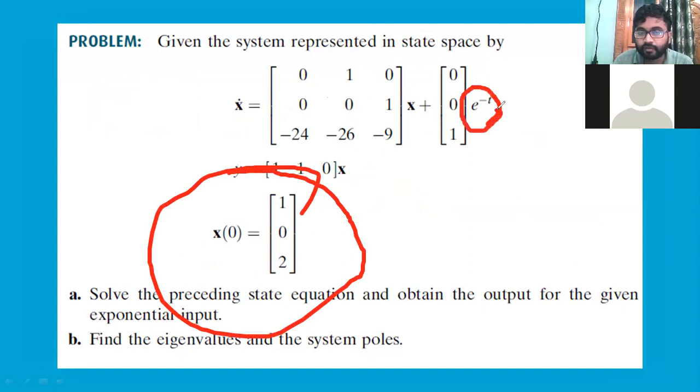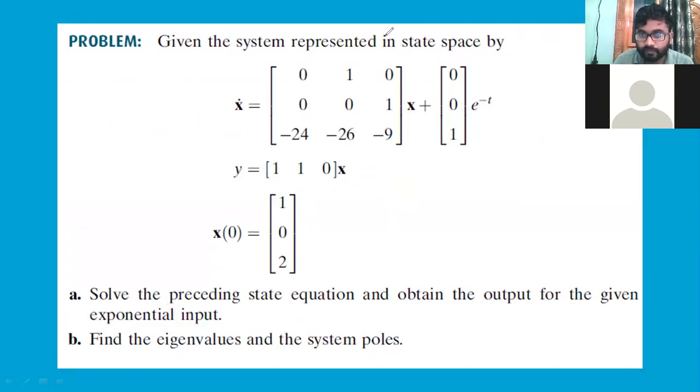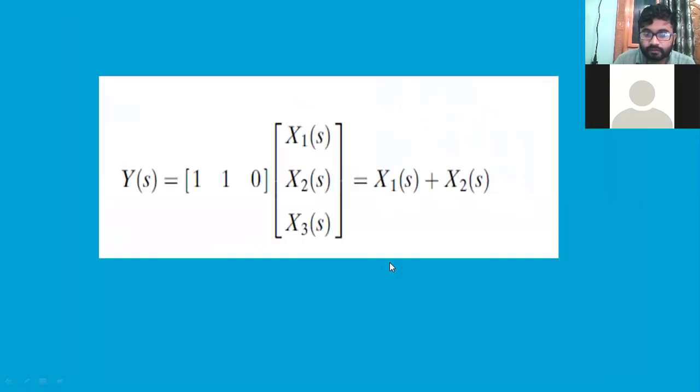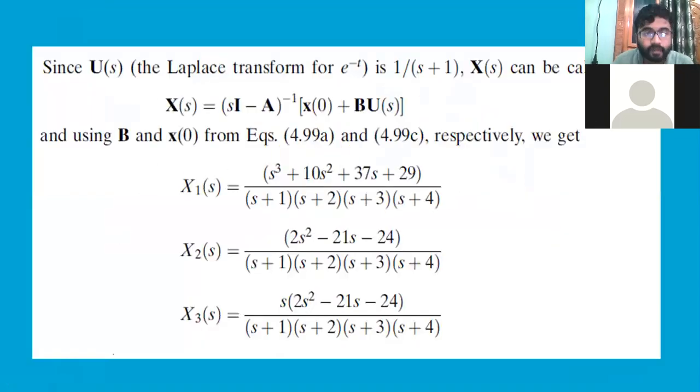From u(t), we have to obtain U(s). Is this clear to you? And if you have (sI minus A) whole inverse with you, you can easily solve this.